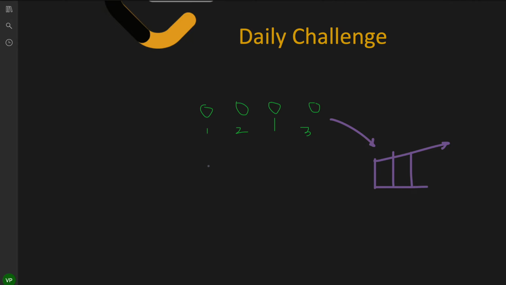We are sorting here, so the time complexity is O of n log n. Then we are also traversing, first sorting and then traversing to find till where we can reach.